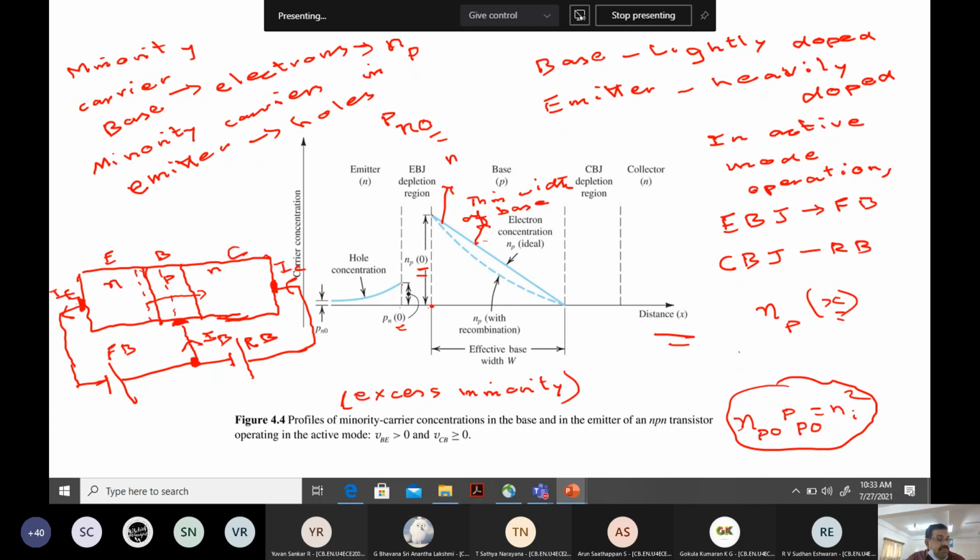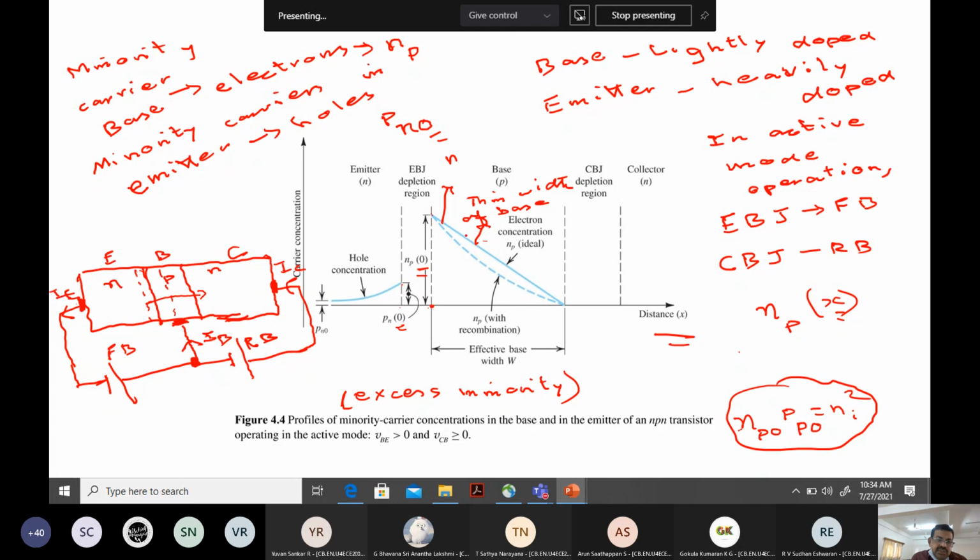So recombination in the base region causes the linear decay to change slightly and take this concave shape. The slope of the concentration, please note, the slope of the concentration profile of minority carrier concentration at EBJ is slightly higher than the slope here. So this slope is slightly higher than this slope.